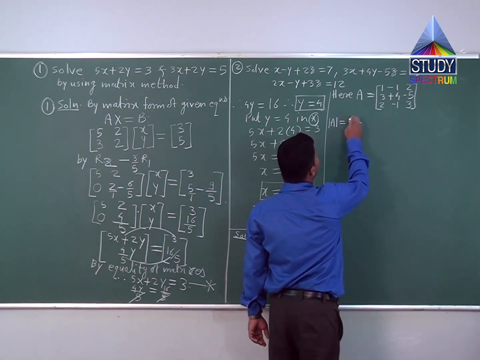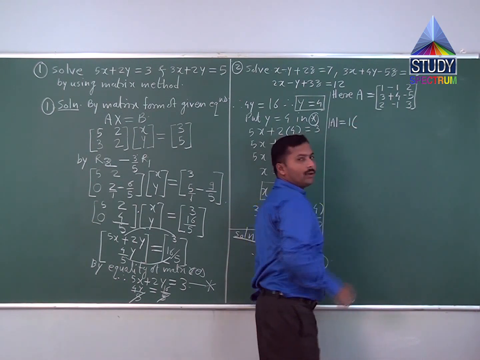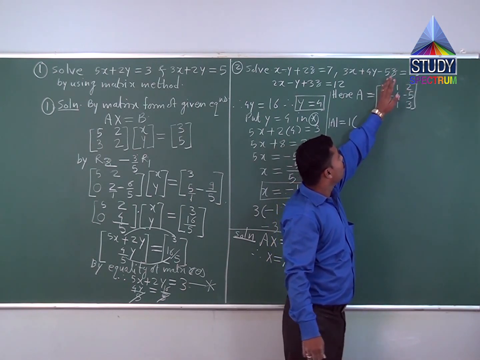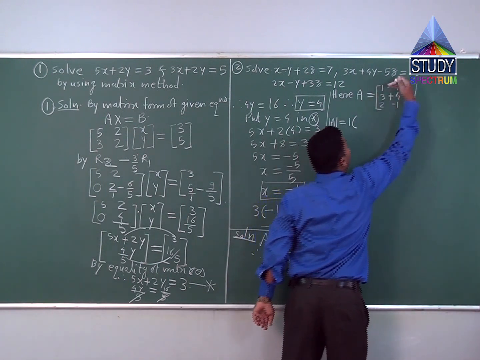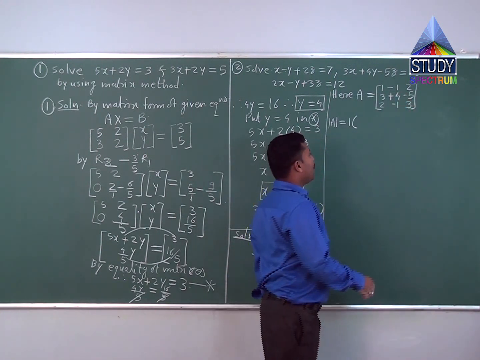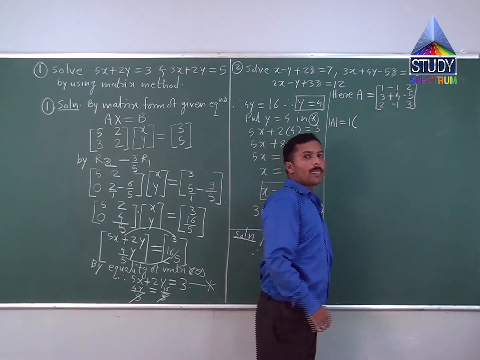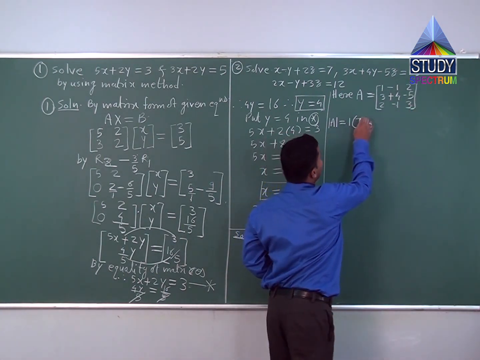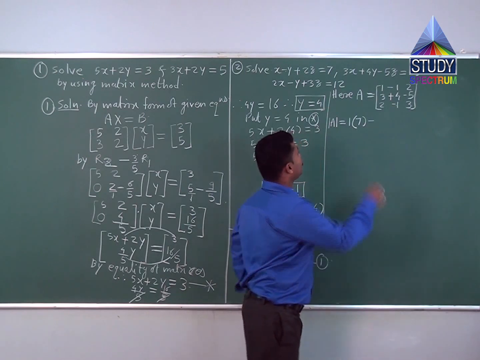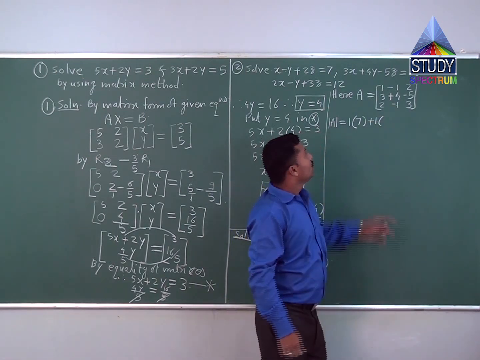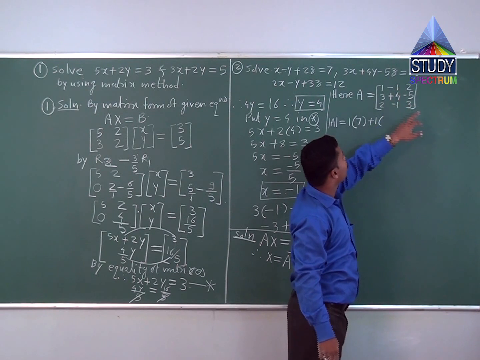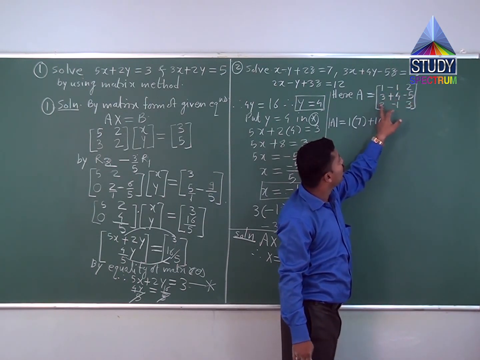So determinant of A equals 1 into the minor of 1, meaning the row and column passing through this number 1 are deleted. So 4 into 3 is 12, minus 1 into minus 5 is plus 5, 12 plus 5 gives 17, wait, 7. Again, minus 1 times the minor of minus 1: remaining 3, minus 5, and 2, 3.